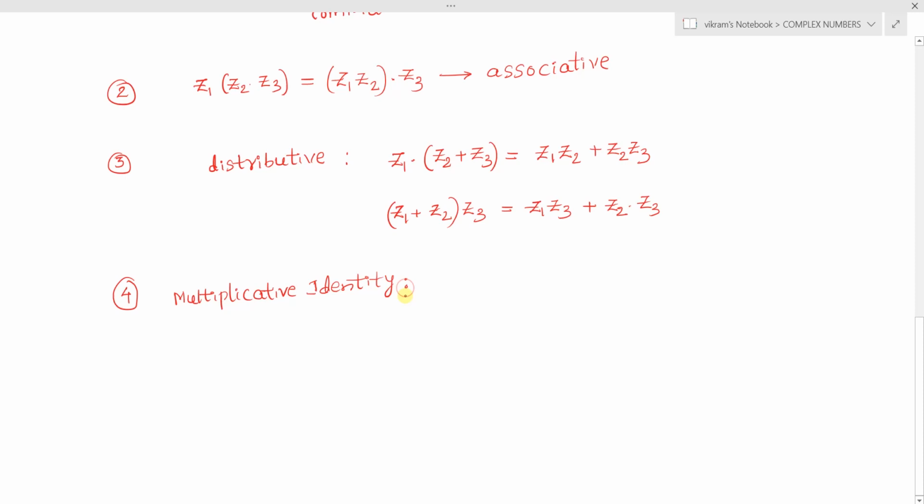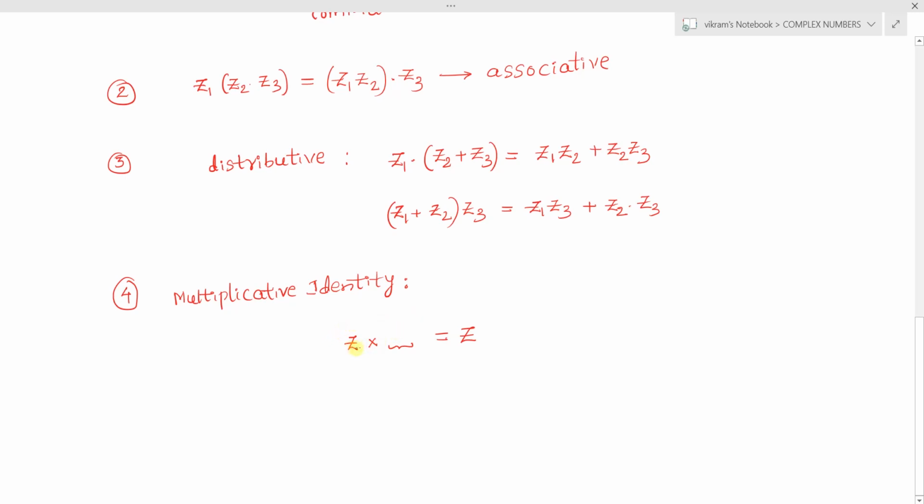I am considering a complex number z. By multiplying which number does the complex number not change? That means we'll get z itself.